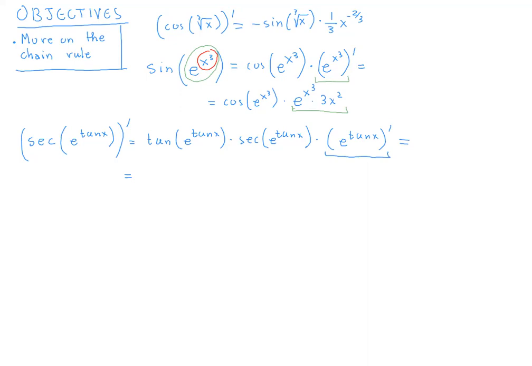We still have to write it, take it with us, tangent of e to the tangent x times secant of e to the tangent x times, and we think of this as e to the y. So this will give us e to the y, meaning e to the tangent x times the derivative of what we designated as y, which is simply secant square of x. And that completes this problem.